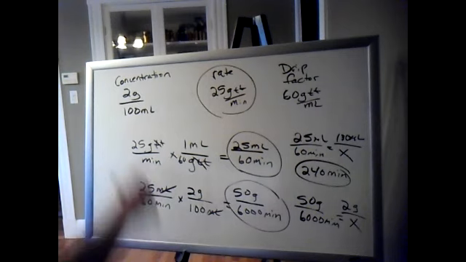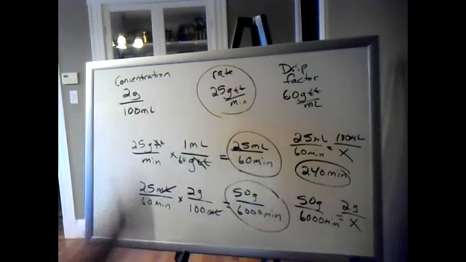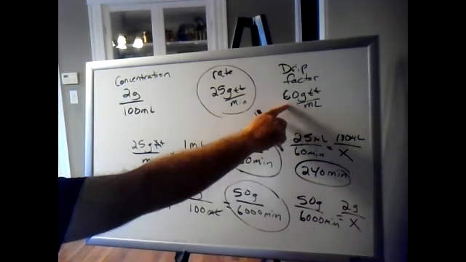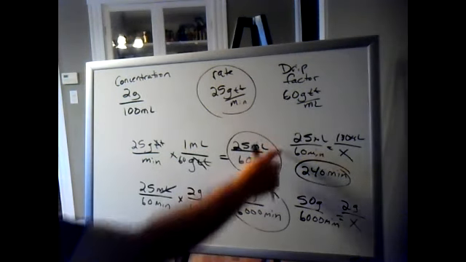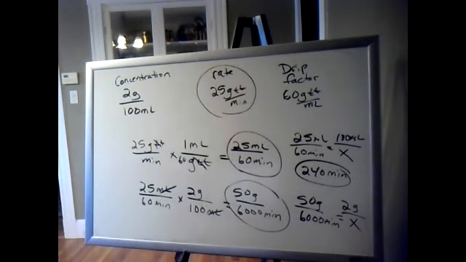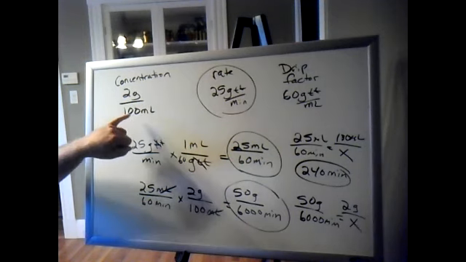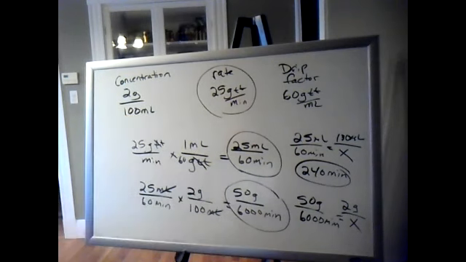We just don't know how many drops were in 1,000 milliliters at the beginning. I could have figured that out, but I'm just going to do that unit conversion over here. So we know that this is going to take 240 minutes to dispense. So it will take more than the required amount of time.